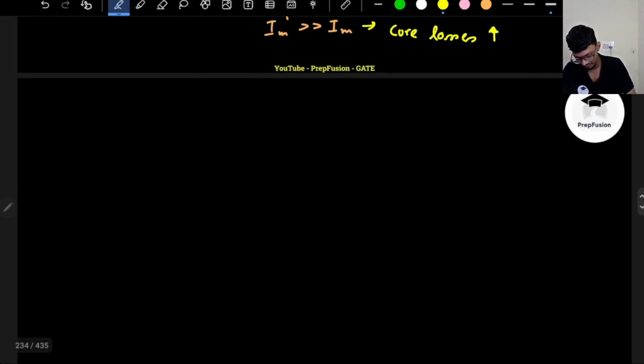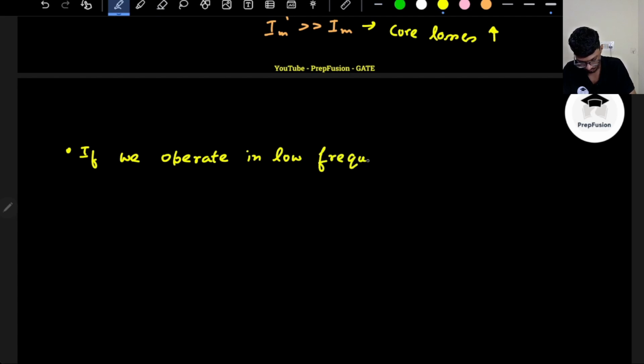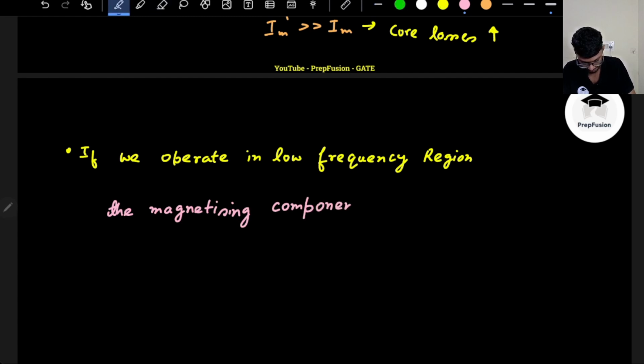So the conclusion is, if we operate in the low frequency region, the magnetizing component of current increases.